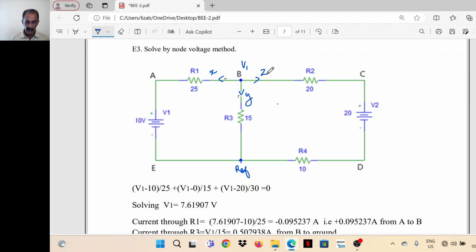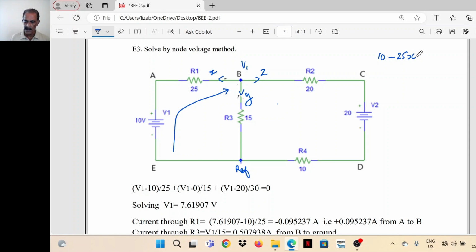So the equation for X can be written as follows. E is at ground potential 0. If we take this path, as we have already done in the previous example, 10 minus 25X. There is only one EMF source and one IR drop in this path.